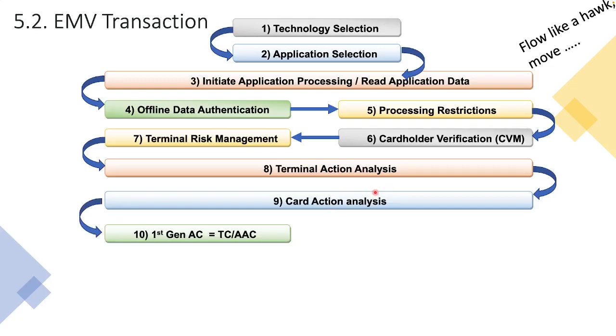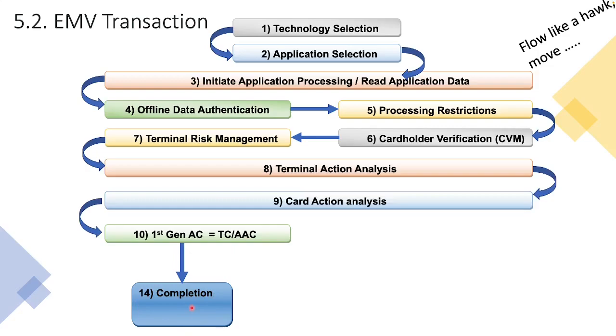And then we get into first gen AC. Now first gen AC is the actual decision making step. Here is where the card makes a decision. Okay, and at this point, if the card decides to either approve or decline a transaction, we would end up basically at transaction completed, right?